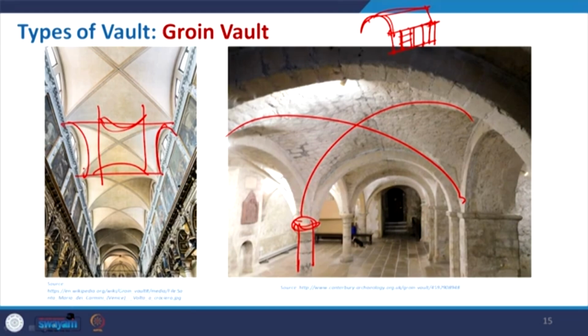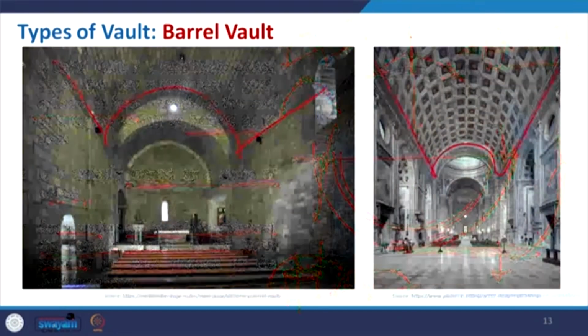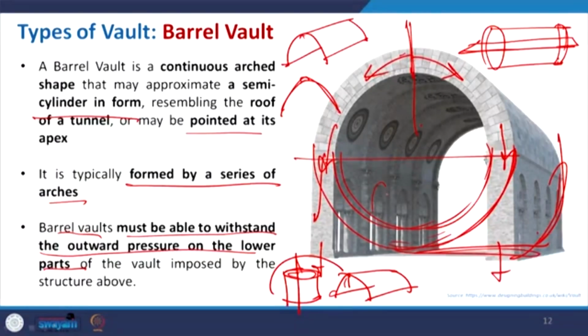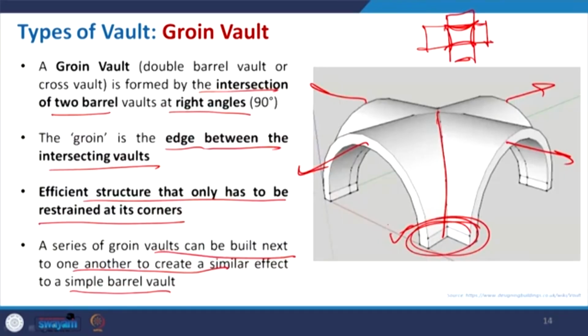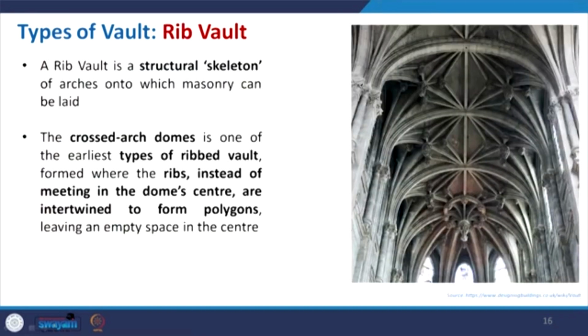We have seen in this image that the arch being created is supported like this, but for this groin vault we only have to support the corners. Whenever we get these corners after intersecting two barrel vaults, we have to support them, then the rest of the things will take care of themselves with its form.